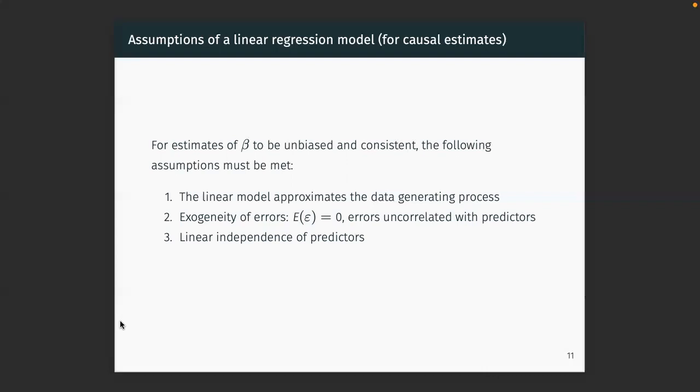So is my estimate for beta 1 a valid causal estimate of the effect of education on income? No, it's not. These two predictors are correlated with each other.